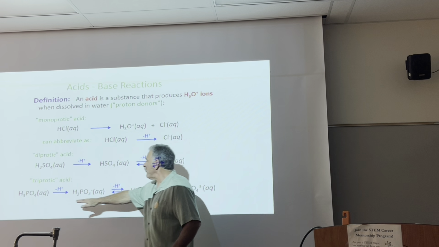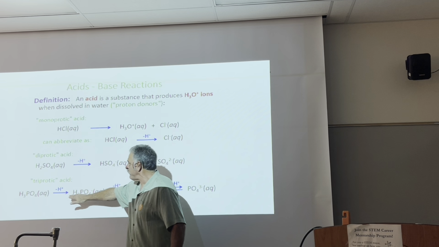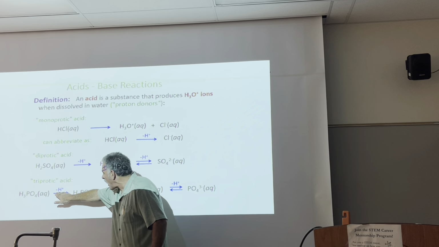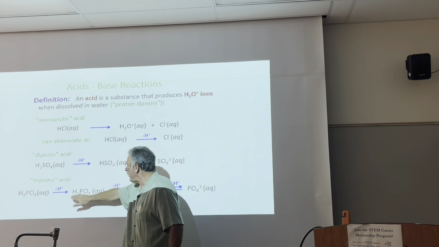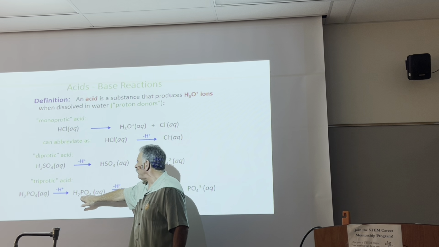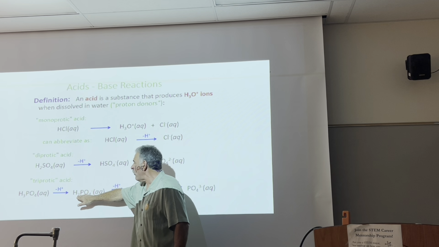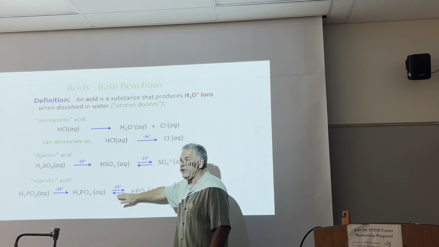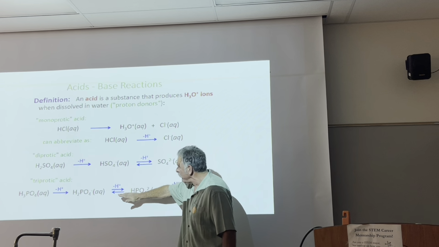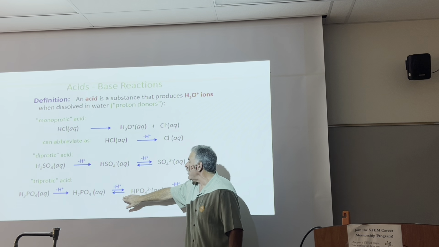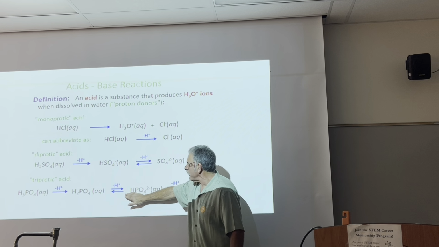The first proton comes off H3PO4 completely to dissociate into H2PO4 minus. You completely lose that. It's one way. It doesn't go back on. But the second proton, depending on where you are in the equilibrium, or how much dissociates, goes back and forth, stays constant in equilibrium. So some of it comes off and some of it goes back on.